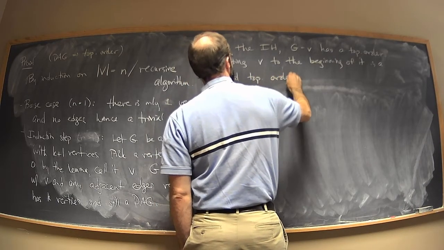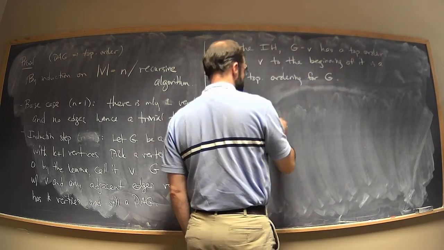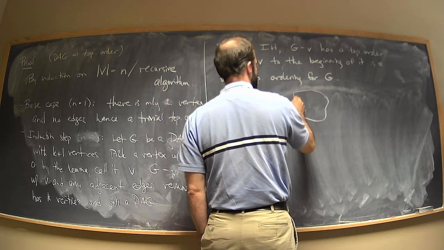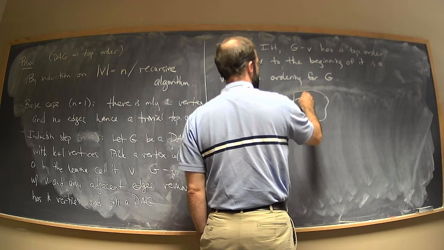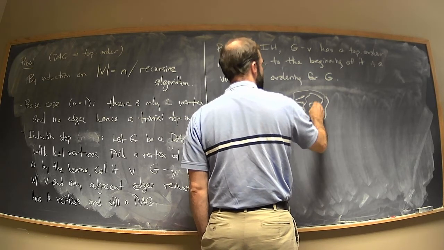topological ordering for G. In other words, here's my graph G. Here's some vertex V that's only got outgoing edges. And then here's the rest of the graph, G prime.